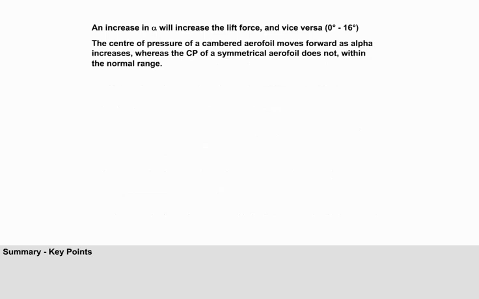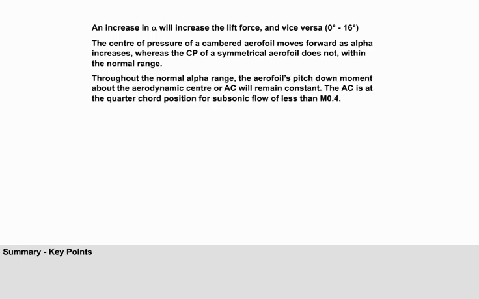The centre of pressure of a cambered aerofoil moves forward as alpha increases, whereas the CP of a symmetrical aerofoil does not, within the normal range. Throughout the normal alpha range, the aerofoil's pitch-down moment about the aerodynamic centre, or AC, will remain constant. The AC is at the quarter chord position for subsonic flow of less than Mach 0.4.